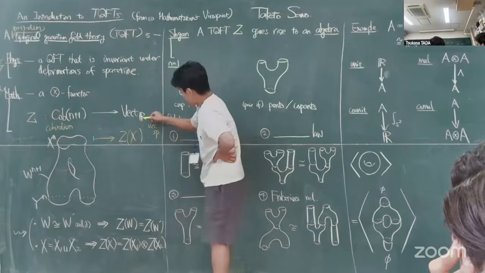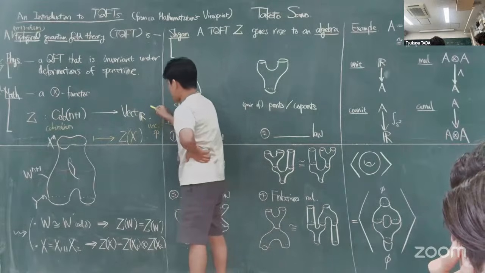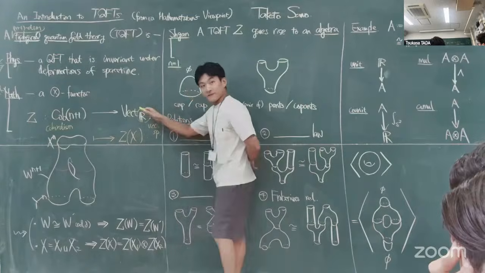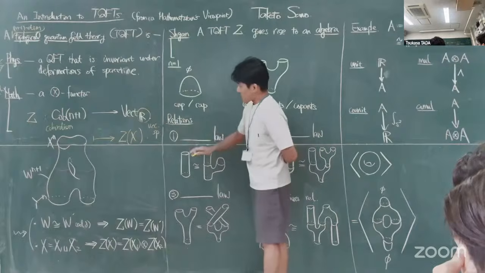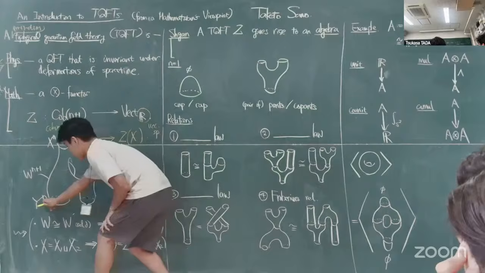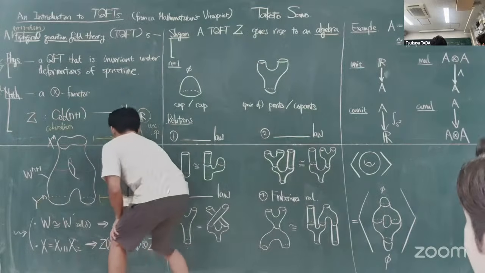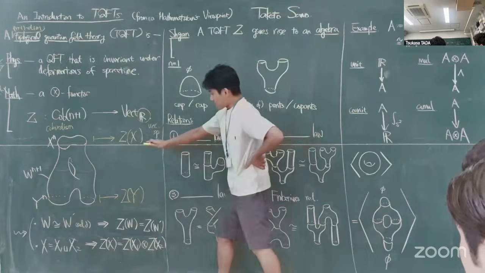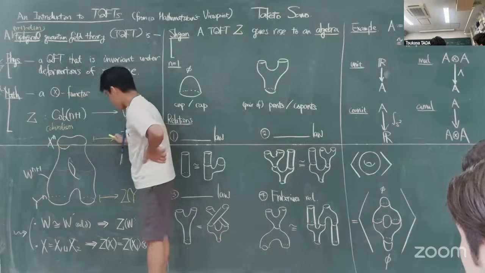Here we're considering this field as R, but if you like other fields like C or Q, then you're free to change that to your favorite field. And then here we have another object Y, which will be mapped to Z of Y. So this is a correspondence between the objects.